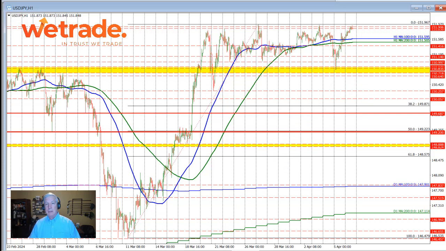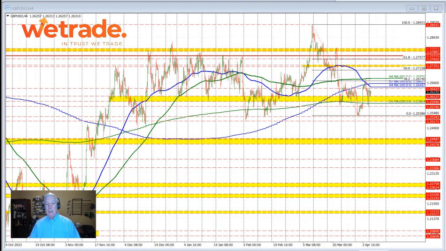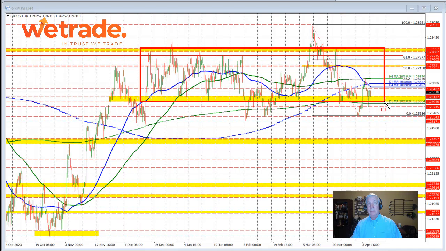Finally, let's take a look at the sterling versus US dollar, and we'll look at the 4-hour chart for this currency pair. We have our swing area, or our value area, I should say, that comes between the 125.94 level and 128 on the top side.